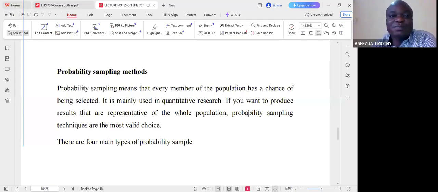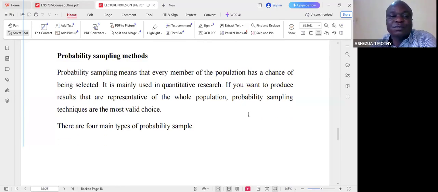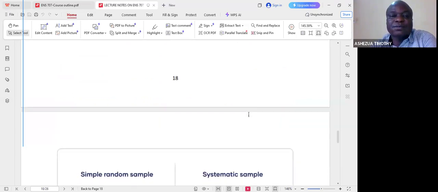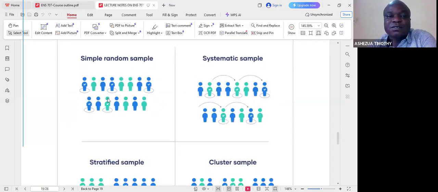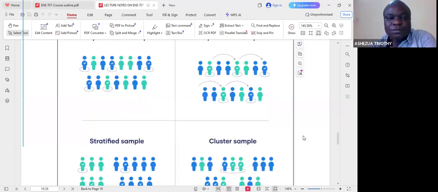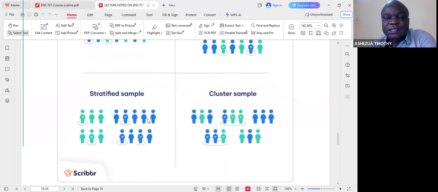Under these probability sampling techniques, we have 4 types of probability sample. One, we have simple random sample, we have systematic sample, we have stratified sample, and we have cluster sample.